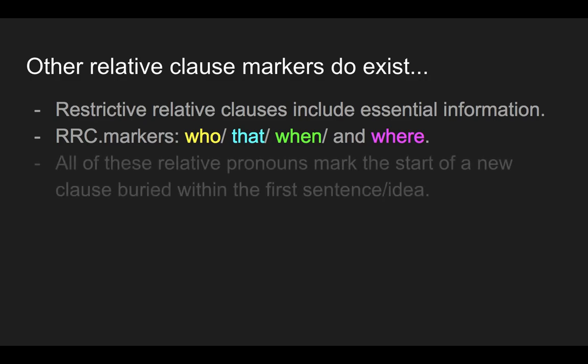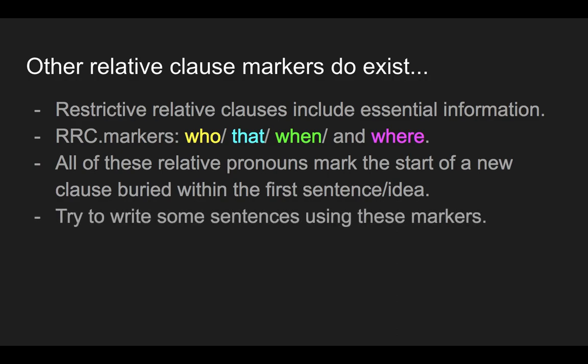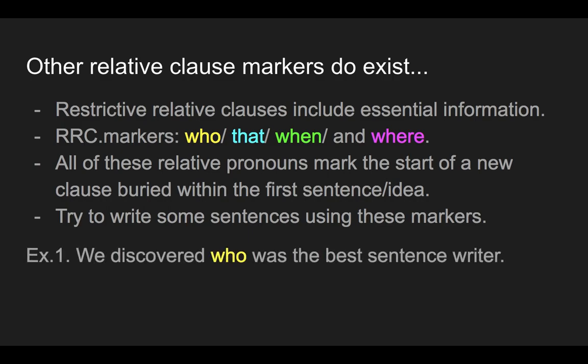So let's look at some examples here. So all of these are called relative pronouns, and they mark the start of your new clause, which you are burying within your original sentence or idea. So to write some sentences using these markers, I encourage you to try to write some, and let's take a look. So number one, we discovered who was the best sentence writer.